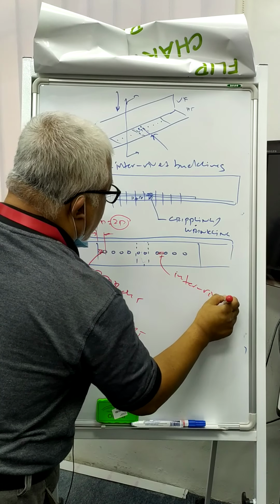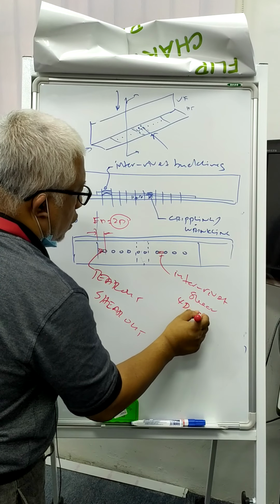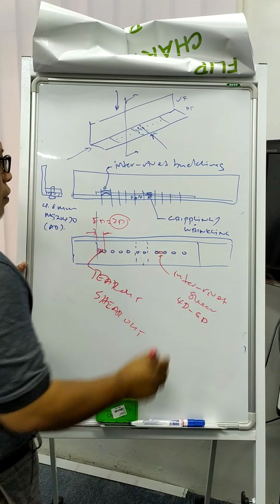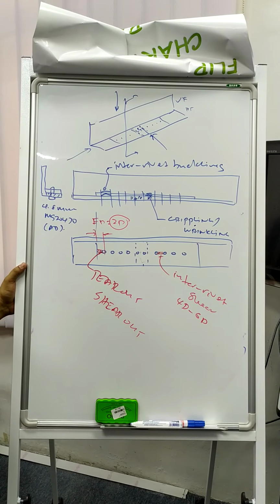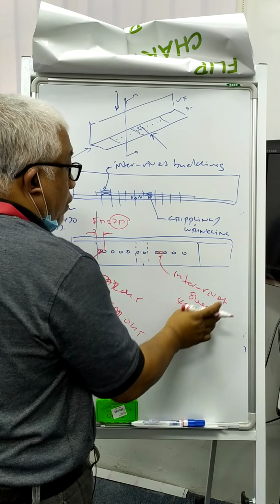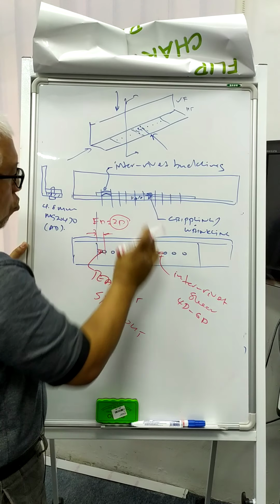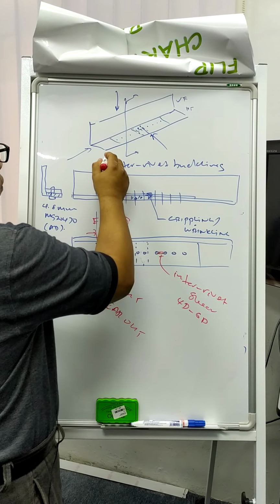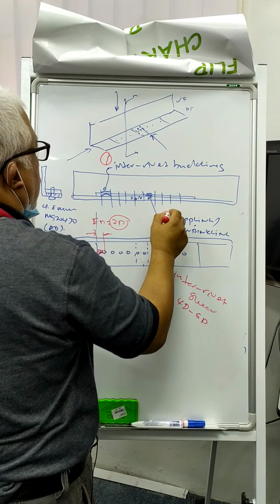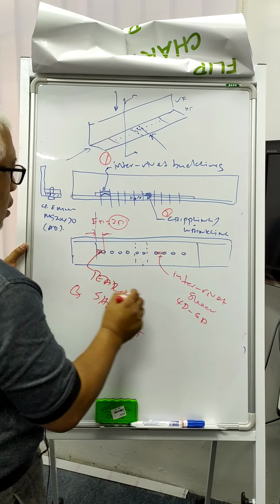That's why normally we talk about 4 to 6D diameter of the rivet spacing or rivet pitch, because we are trying to eliminate the inter rivet shear, we try to eliminate the inter rivet buckling. So failure 2, 3, 4.